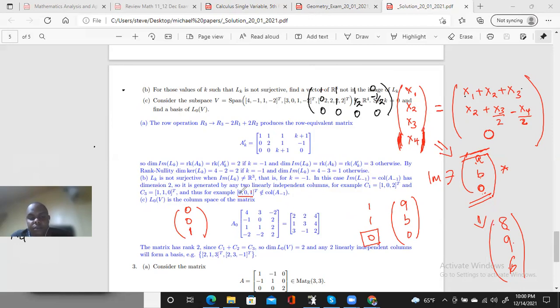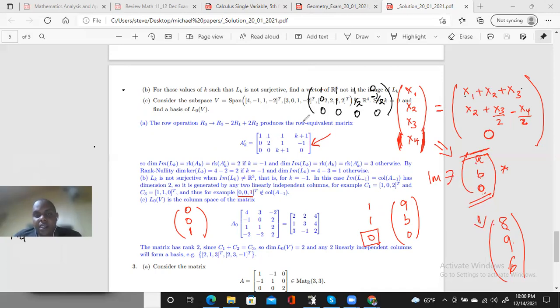But L, what is L? L is the matrix transformation, the matrix A in echelon form when K equals -1. Oh, when I was pointing at this matrix, I thought it was the question.